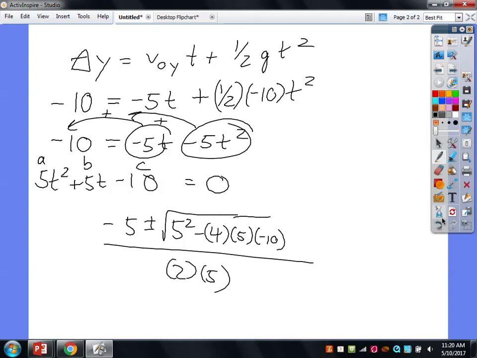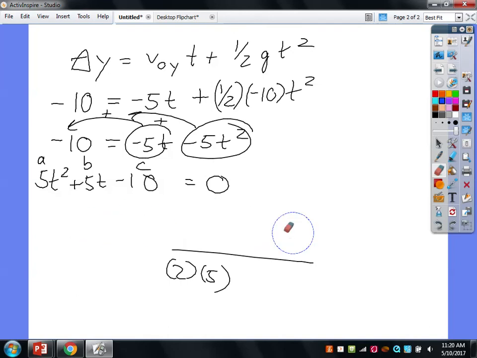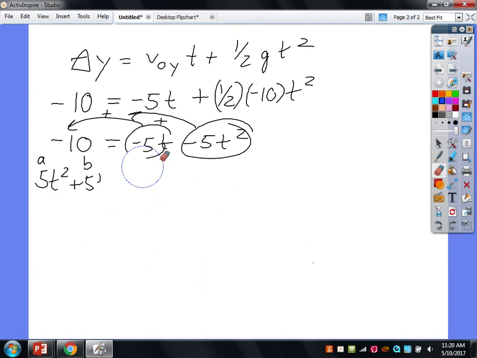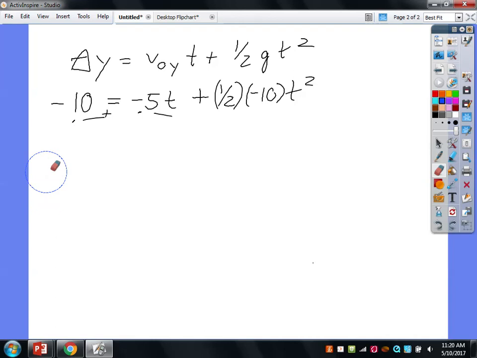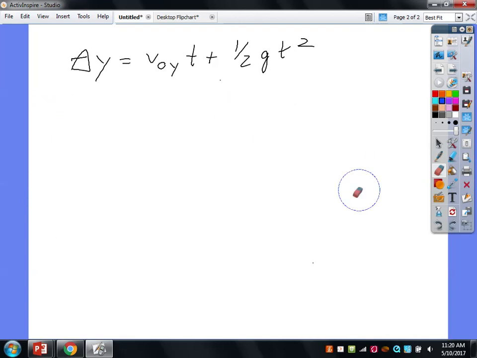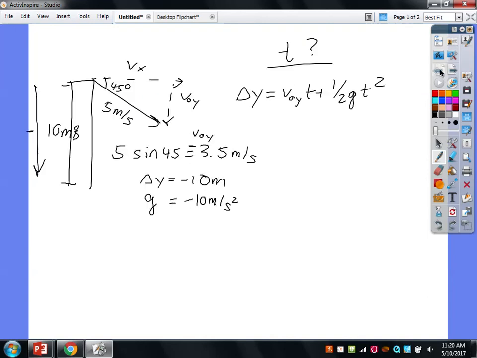Oh, I'm being stupid. I already realized my mistake. The v naught y was not 5. Whoops. Sorry. I'm doing this and getting a wrong answer. That's not the 1.1. All right, so let's try again. This will be negative 10 equals, this is negative 3.5. That's what it was. Such a silly mistake.